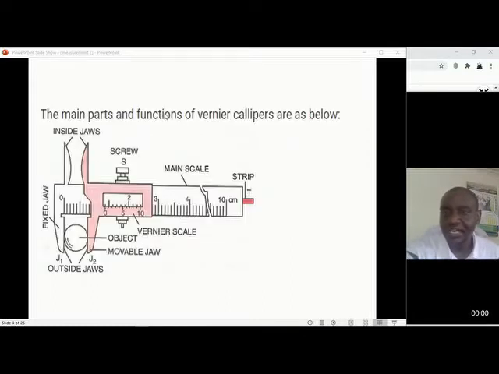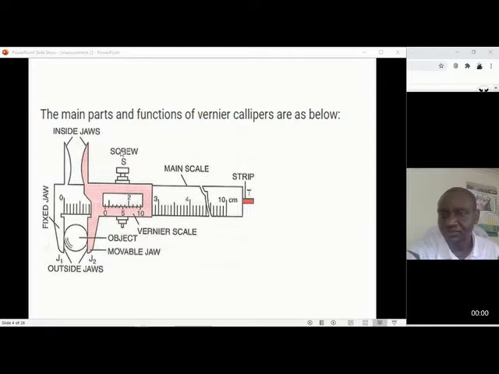So the main parts and functions of the vernier calipers are as below. Inside jaws measure internal diameters. Look at this one. Outside jaws measure external diameters.